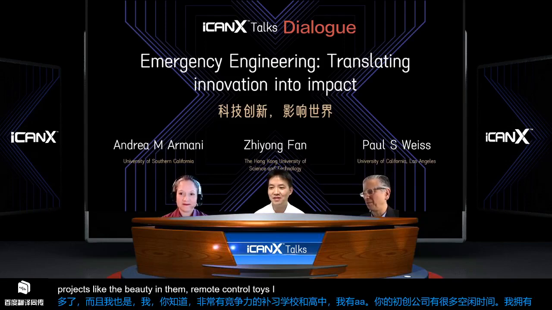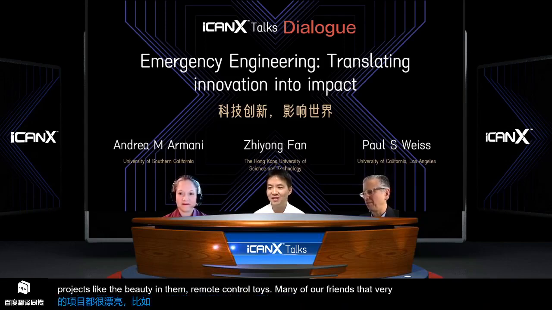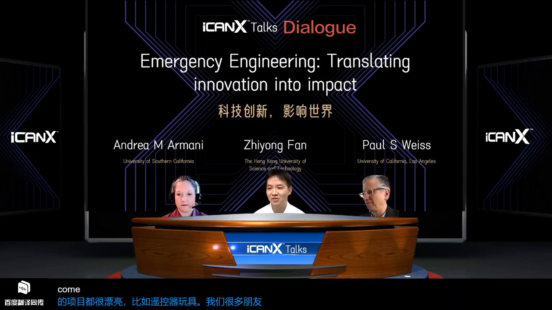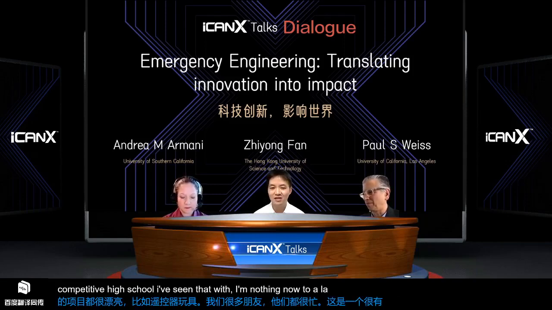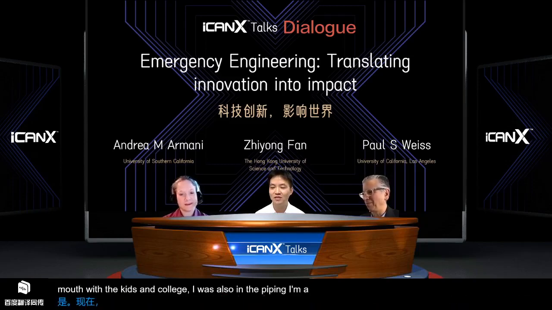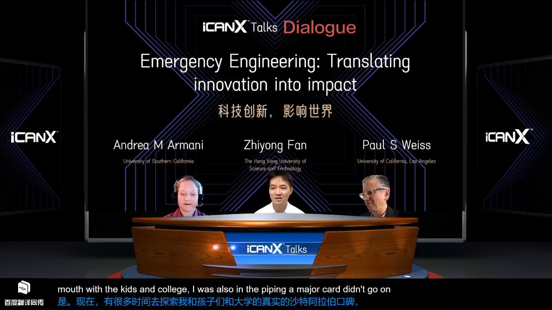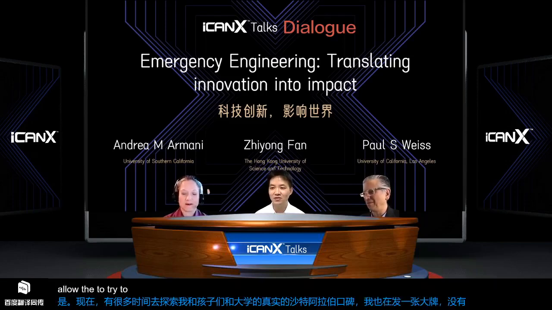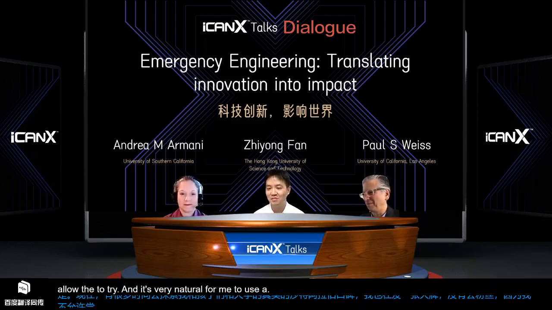Many of our friends were very busy studying in very competitive high schools. I think I was lucky enough to have a lot of free time to explore my real interest. So I fell in love with physics, and in college, I was also in applied physics. It was called physical electronics. Because I love physics and I love electronics, it was very natural for me to choose the major.